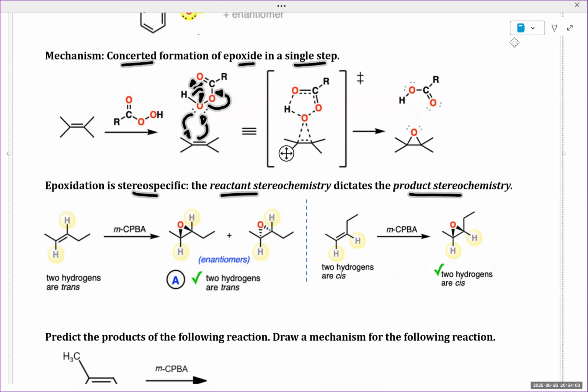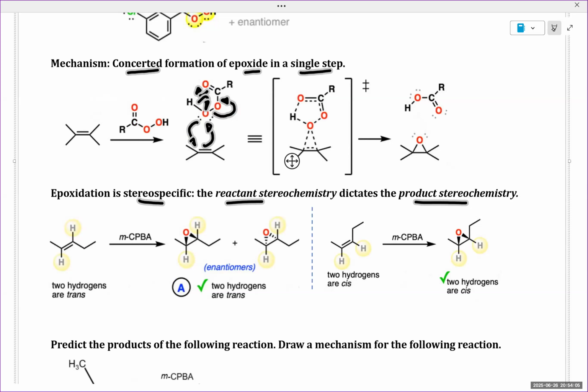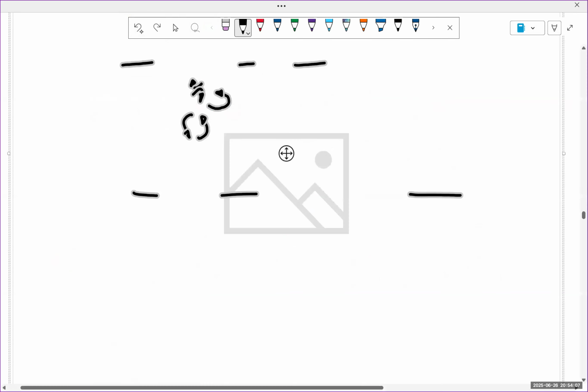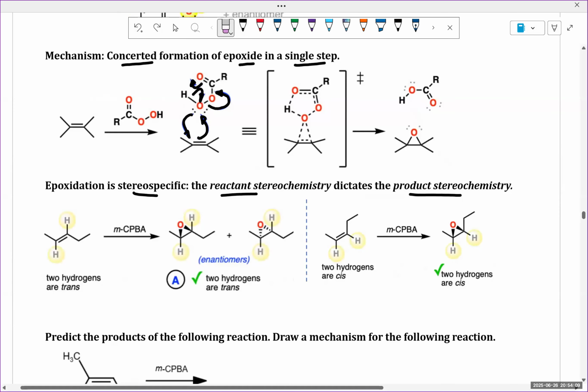For example, in this case, if we have an E-alkene, we end up with an epoxide where the hydrogens are trans to one another. By the same token, if we have a Z-alkene, we end up with an epoxide with the two hydrogens cis to one another.